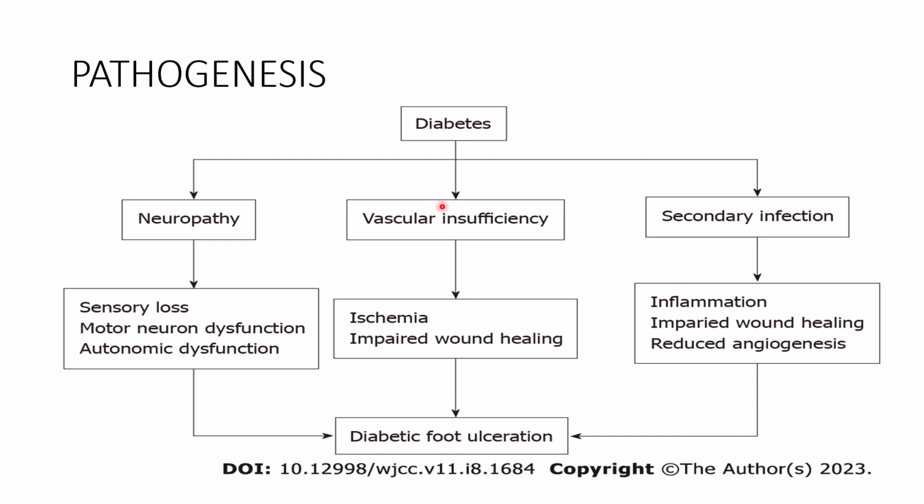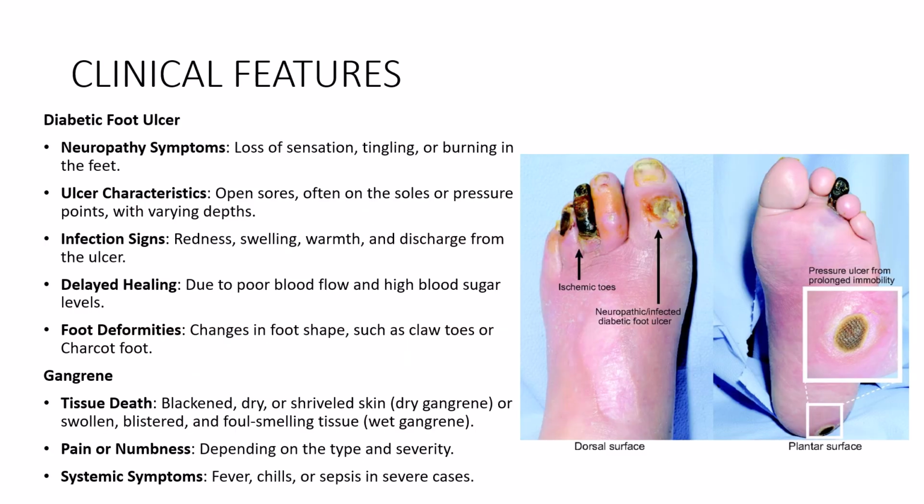In diabetes, vascular insufficiency occurs, which leads to ischemia and impaired wound healing, and this leads into diabetic foot ulceration. For secondary infection, inflammation occurs. Then there is impaired wound healing and reduced angiogenesis, and this leads to diabetic foot ulceration.